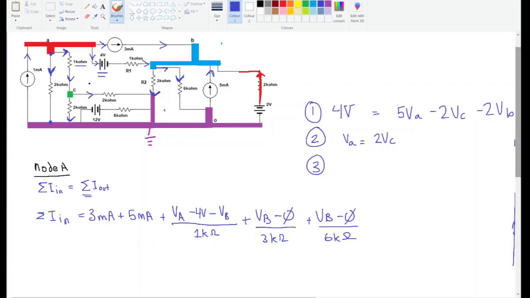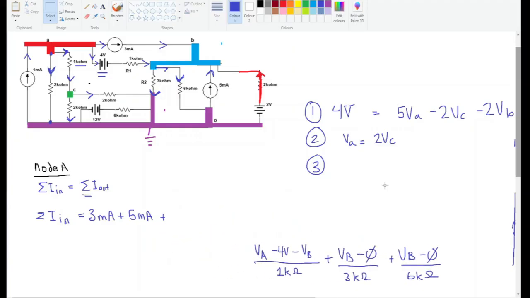And then I think, so we did this, we did that, we did this, we did this one, and now just this one left. Okay, so the current here is, oh my goodness, sorry, I made a mistake. I was just mixing them all together. So these are the currents leaving.